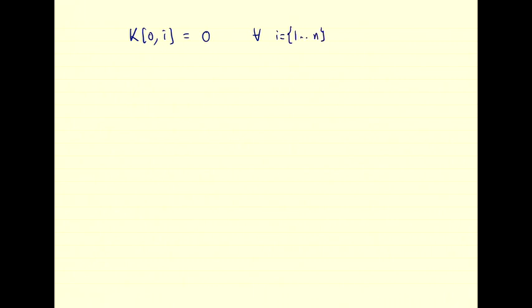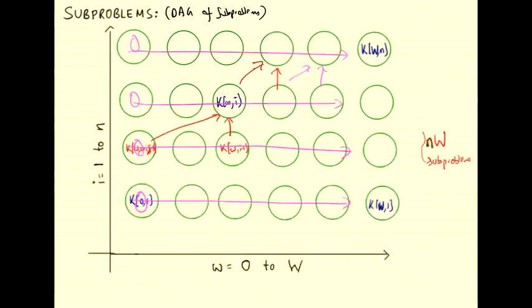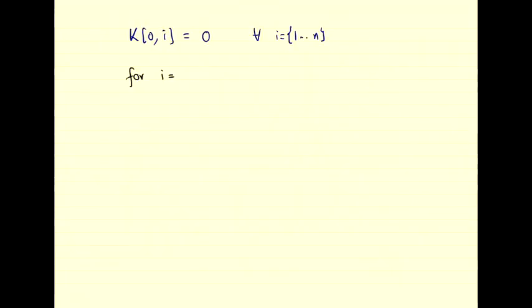Then for i equal to 1 through n, for weight W equal to 1 through capital W, you just write down the recurrence relation.